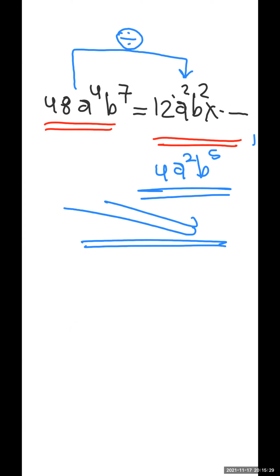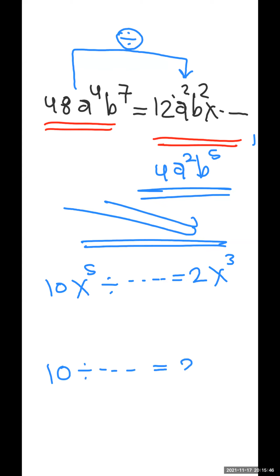So again, number 5, again, guys. Khalid, concentrate well. It's 10 x to the power 5 divided by a number, then it equals 2x to the power 3. If the question is like that, 10 divided by a number equals 2, so what do you think about this number? Actually, it's 5, right?